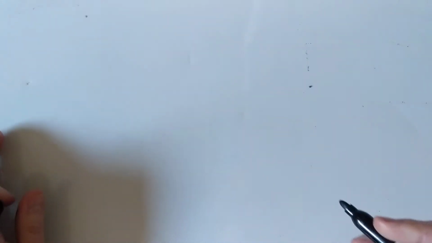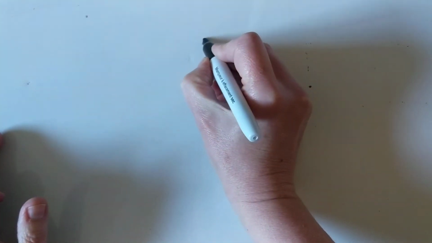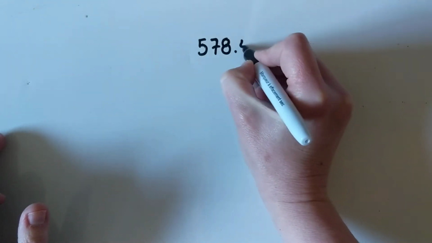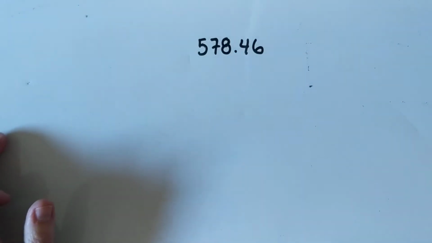All right, so this section is going to be dividing. So let's say you were given a lump sum of money, and in this case, the example that I'm going to do, let's say you were given $578.46.